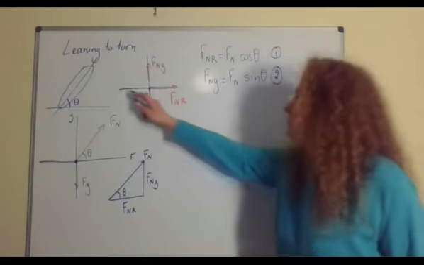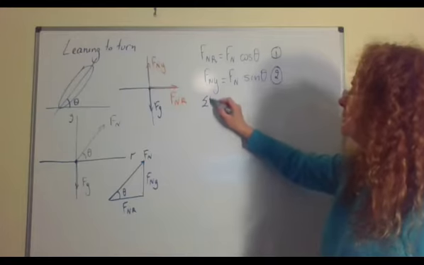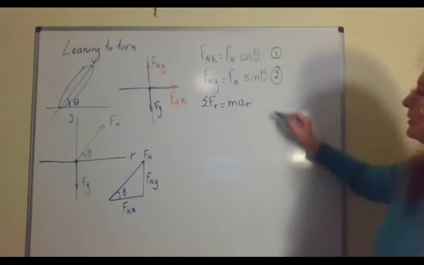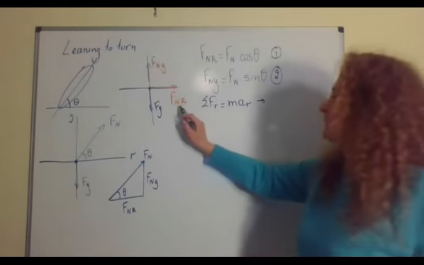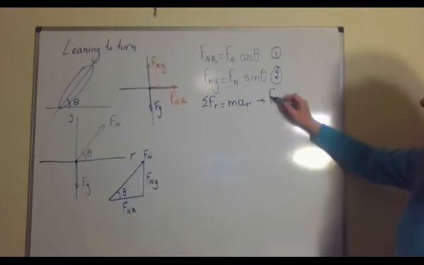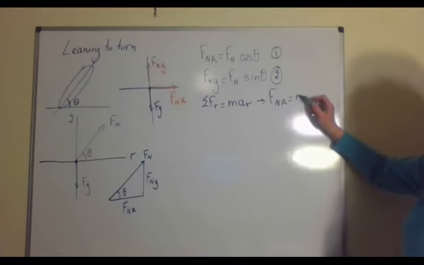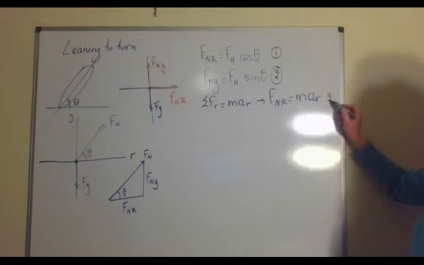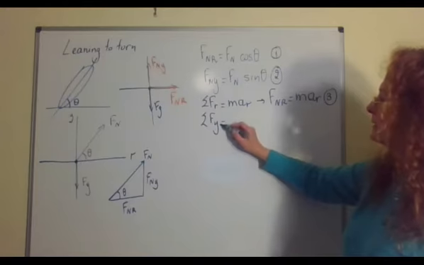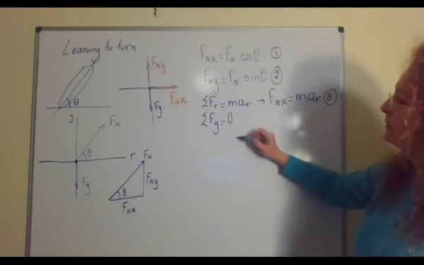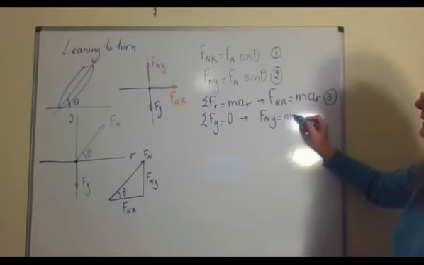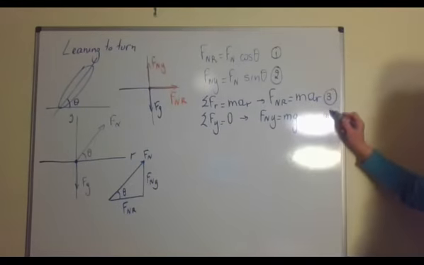We do know that the sum of forces on the radial axis should create the centripetal acceleration, and so this centripetal force is the radial component, F and R, while the sum of forces on the y-axis should be 0, meaning that the y component should cancel out the force due to gravity, mg.